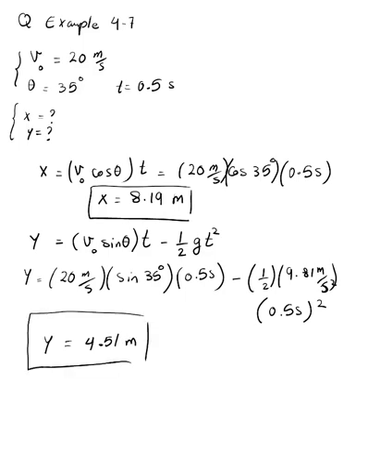meters. Okay, now if it asks me to find the velocity of the projectile at this time, this is like an extra part. So what is the velocity? I know that I need to find Vx and Vy separately.